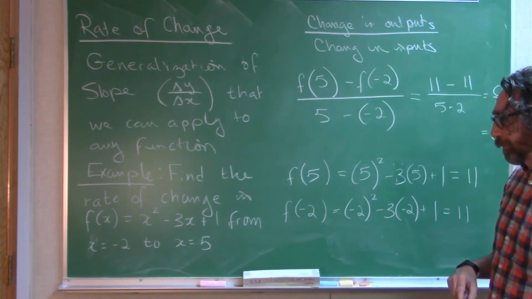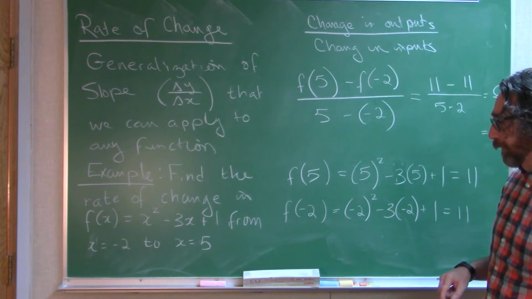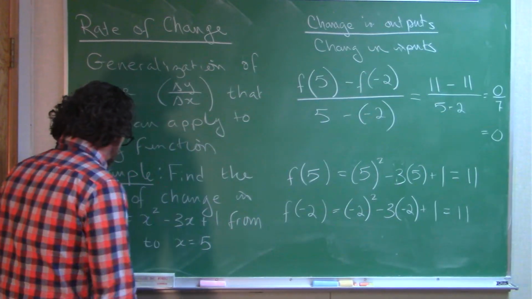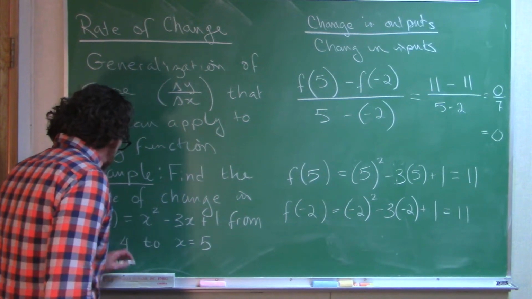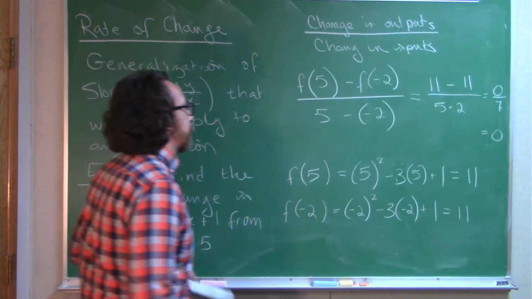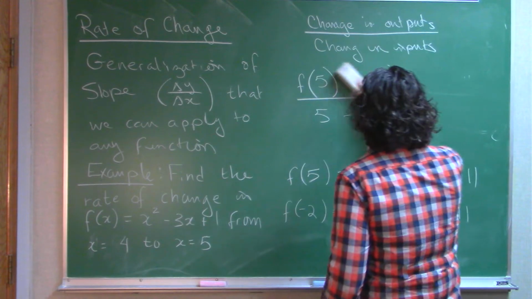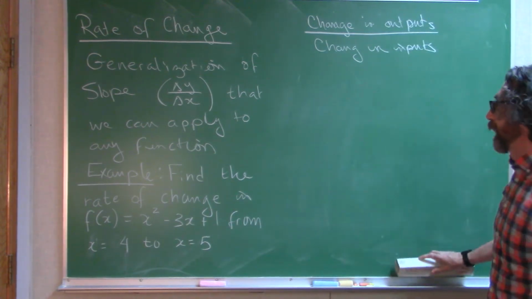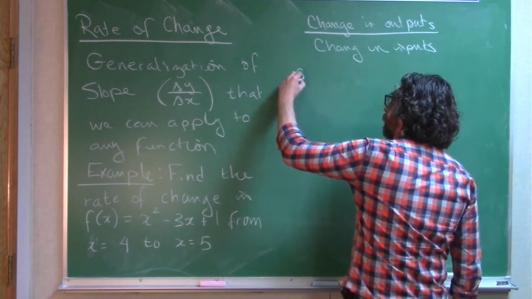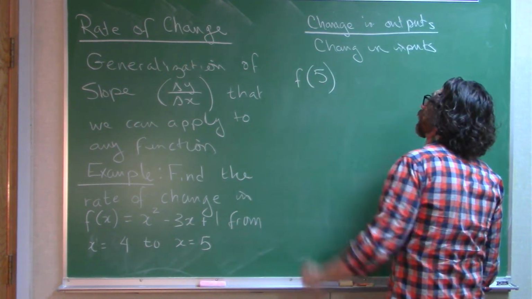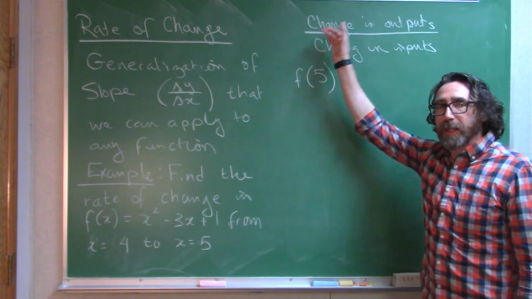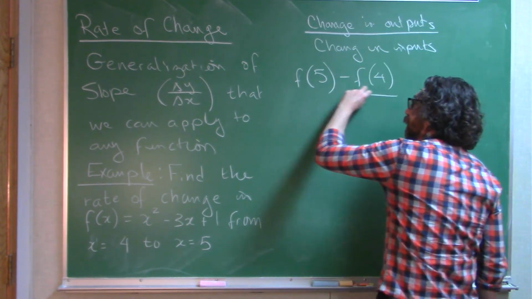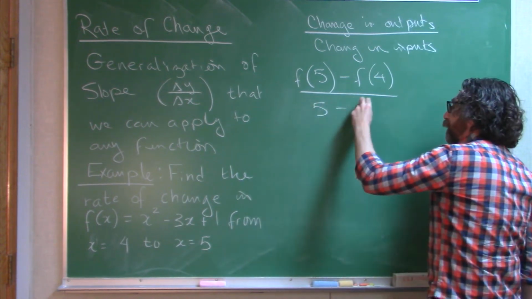Let me look at something a little bit different. Let's change the problem up a little bit. Let's look at the rate of change from x equals 4 to x equals 5. Well, I'm going to follow the same procedure, change in output over change in input. F of 5 minus f of 4 over 5 minus 4.